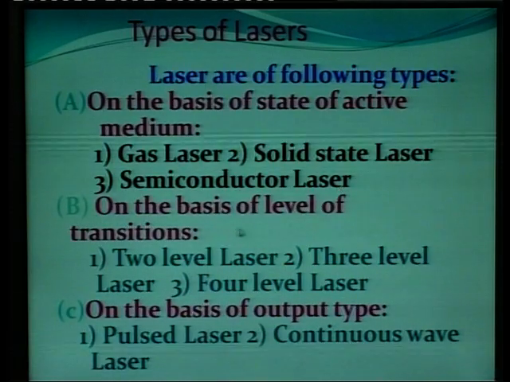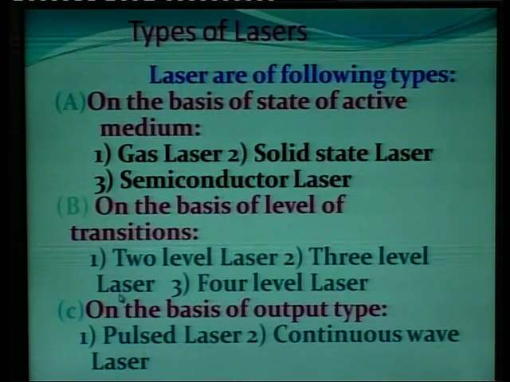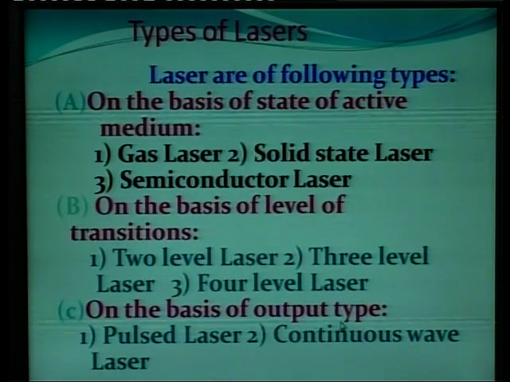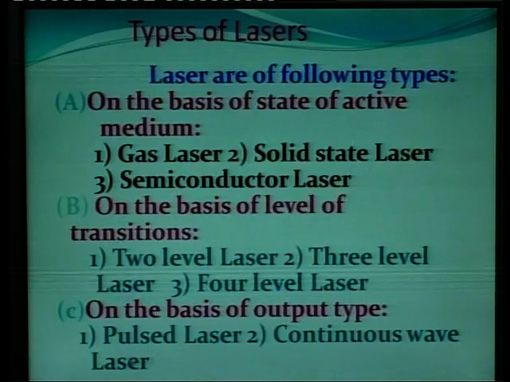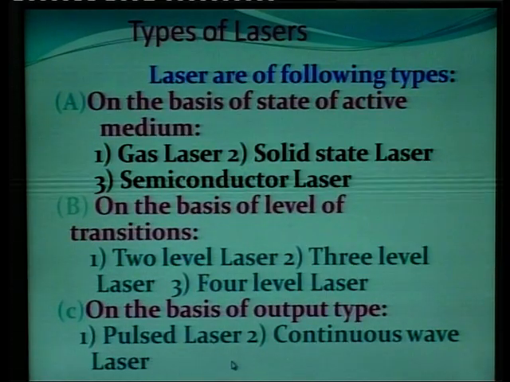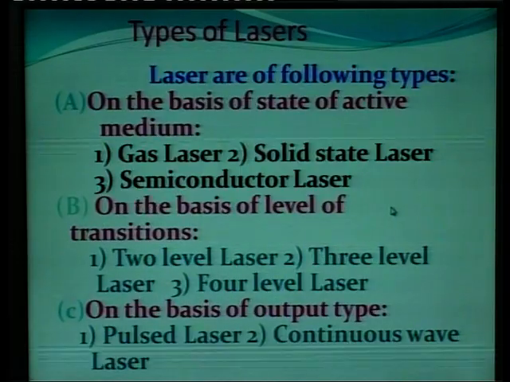Similarly, on the level of transitions, we can classify laser as 2-level laser, 3-level laser or 4-level laser. Another way of classifying the lasers is on the basis of output we get. So output we can get pulse laser or continuous wave laser. So there are different ways in which lasers can be classified.